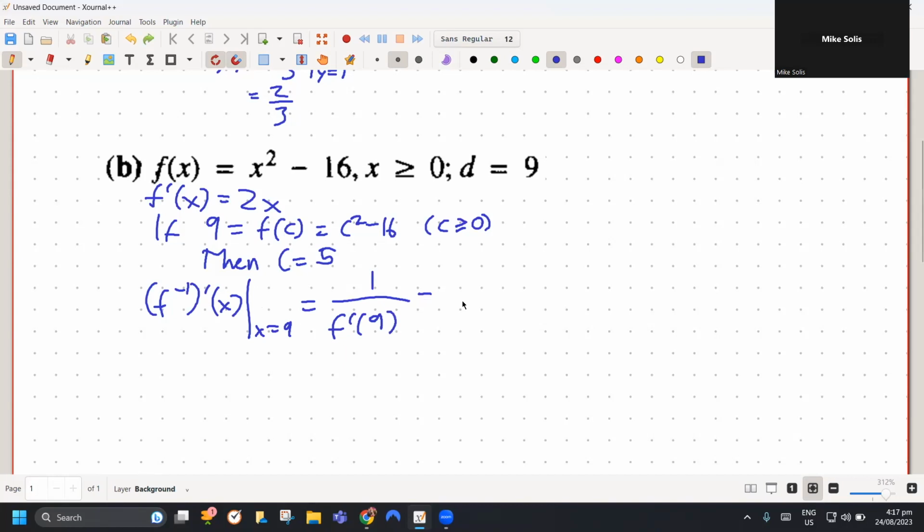Wait, but 9? Shouldn't it be c? C when c equals 5. In the theorem, f inverse prime with 9 inside the parentheses means you don't need to write the bar line evaluated at x equals 9, so remove the bar. Then it is equal to 1 over f prime of 5.